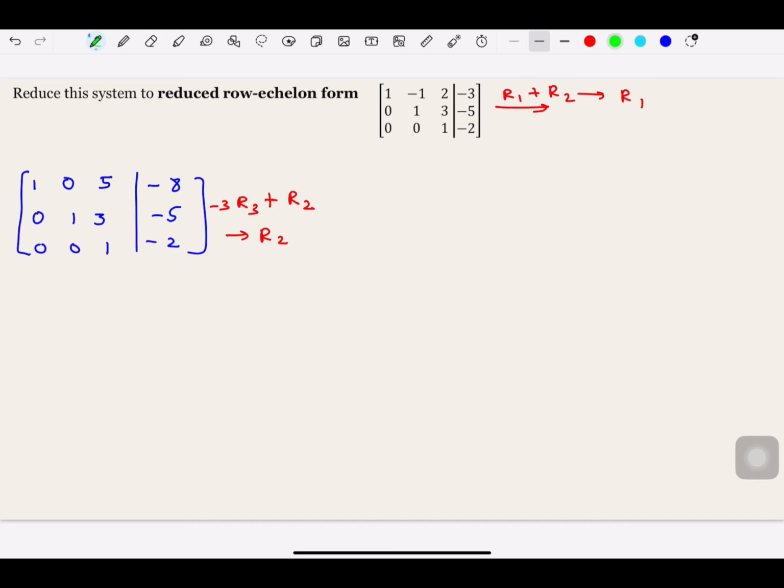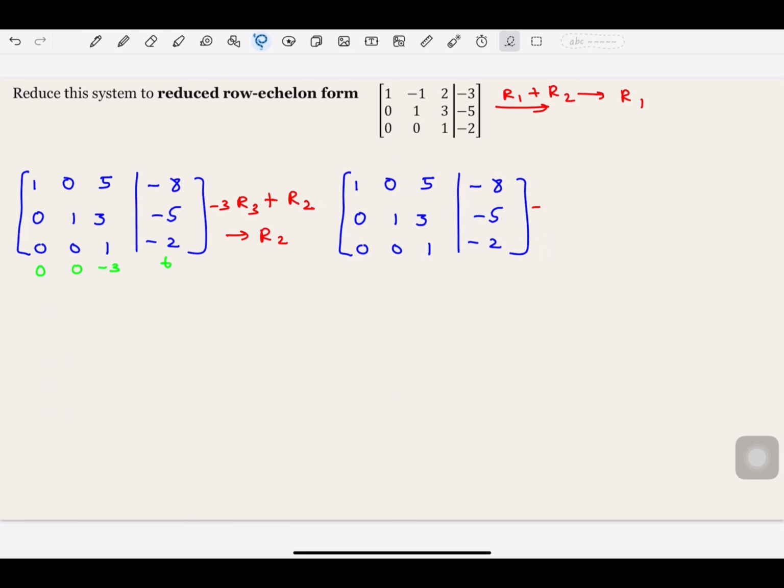So let's multiply R3 by -3. So 0, 0, here you'll get a -3, and here you'll get a +6. Now I'm going to copy this down and paste it over here, and erase these entries because they're going to update.